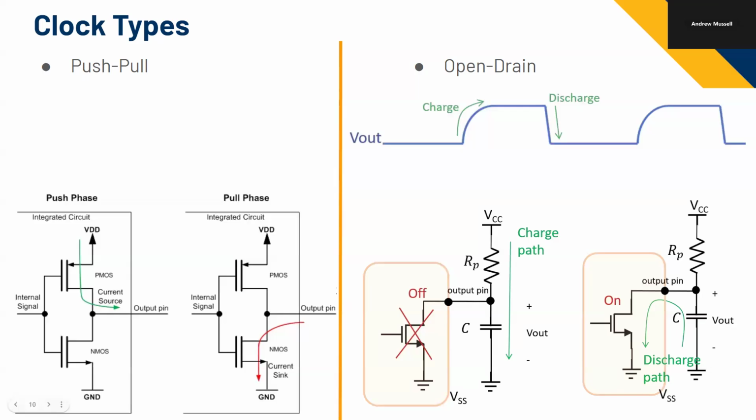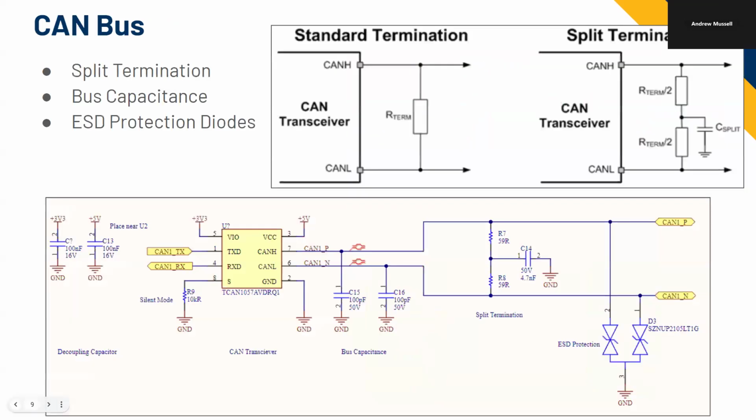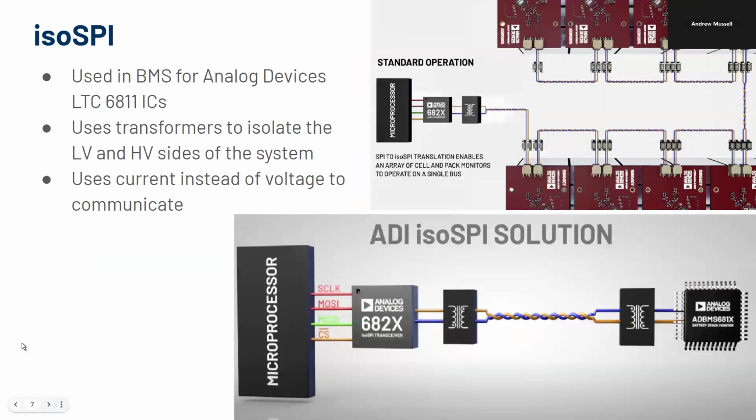All right, now we'll rewind a bit to isoSPI. I'm going to be honest, isoSPI is probably one of the communications I know the least about, so ask your questions, but this might be a topic to Google more. isoSPI is basically isolated SPI, and it's a communication protocol that was developed by Analog Devices for their battery management chips.